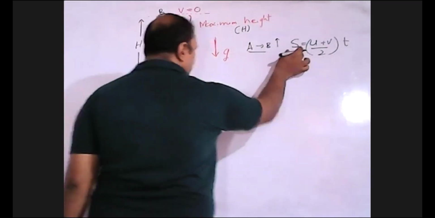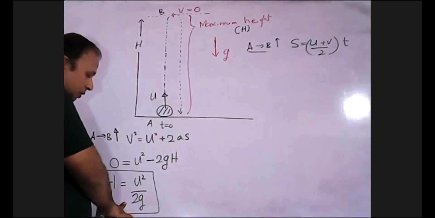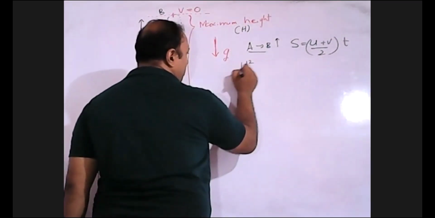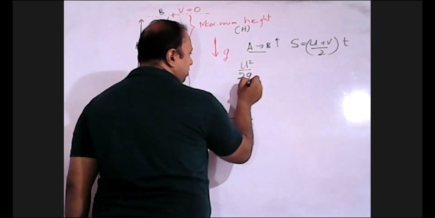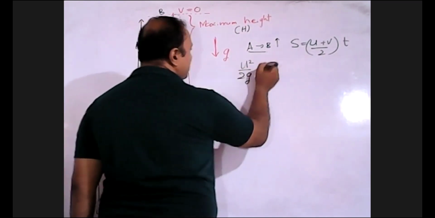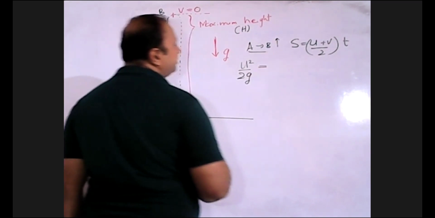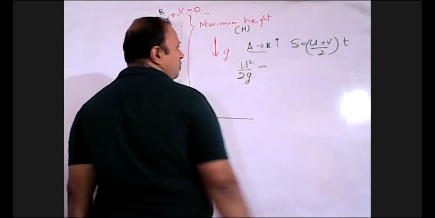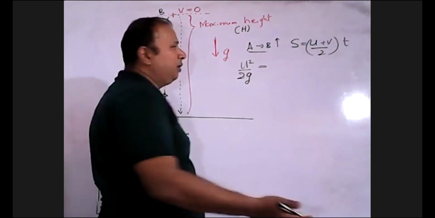Then s, you know the s value, it is equal to u squared over 2g, equals u plus v, where v is 0.